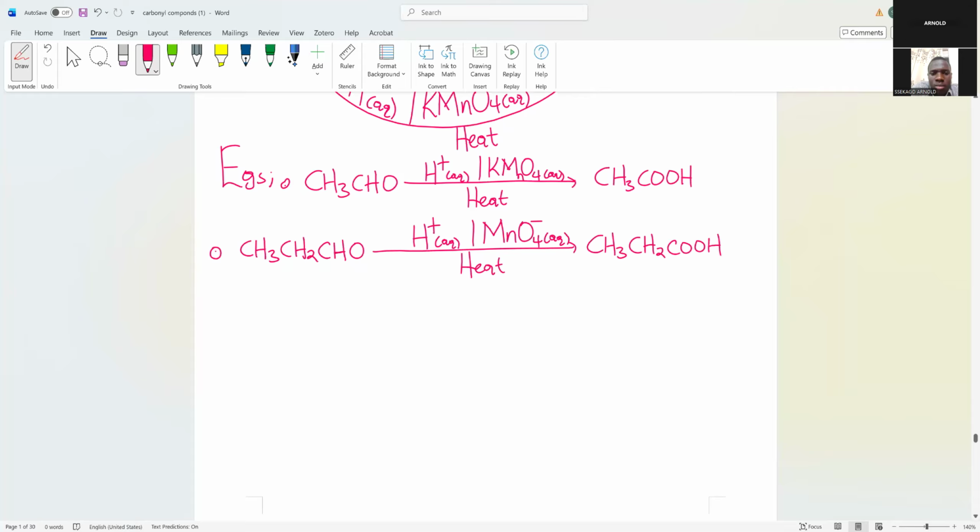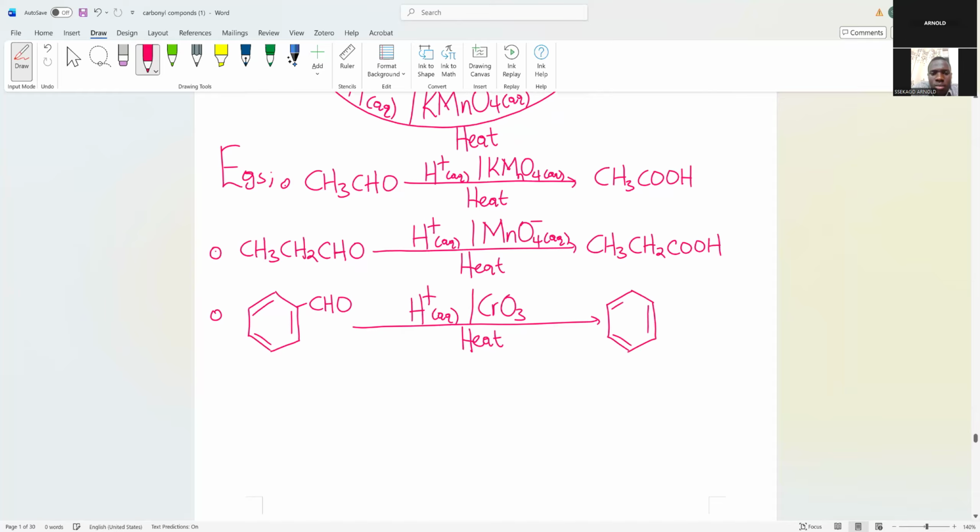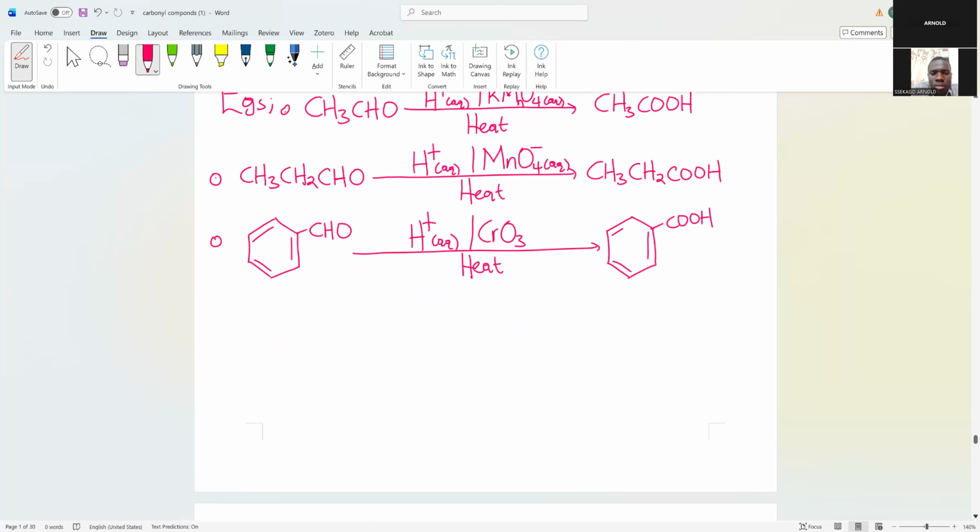If I have benzaldehyde with chromium 6 oxide acidified with dilute sulfuric acid on heating, you get benzoic acid. Simply add oxygen.